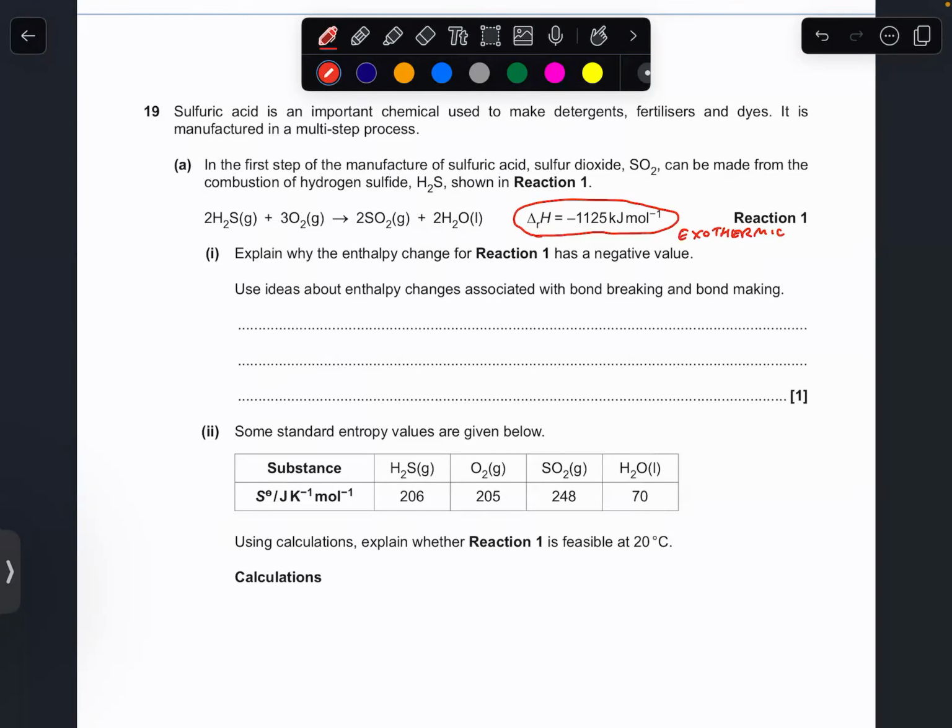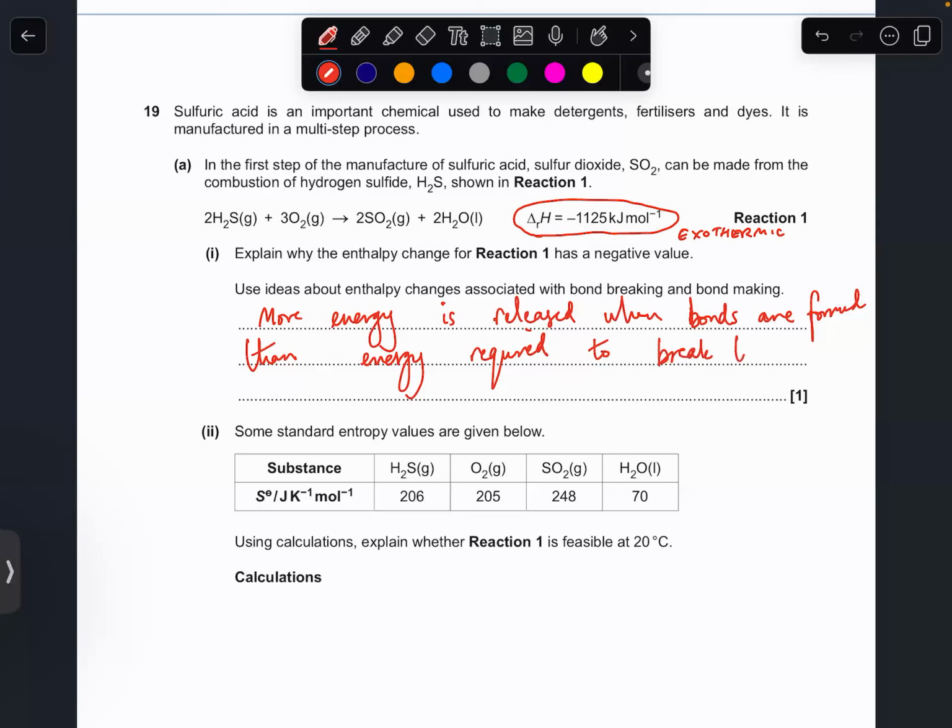The idea is that more energy is released when bonds are made or formed than energy required to break the bonds.